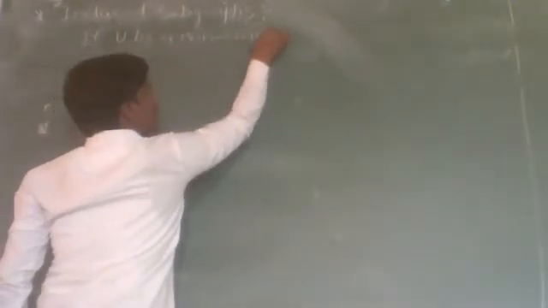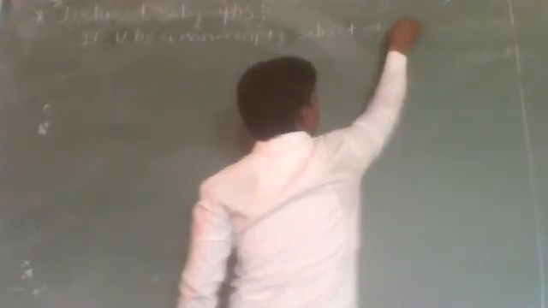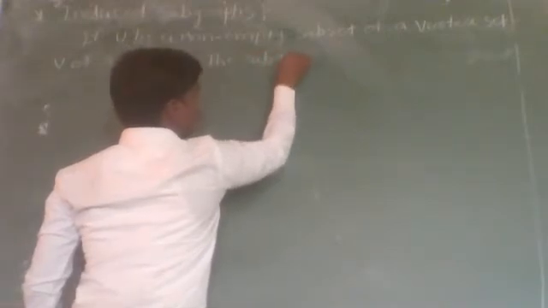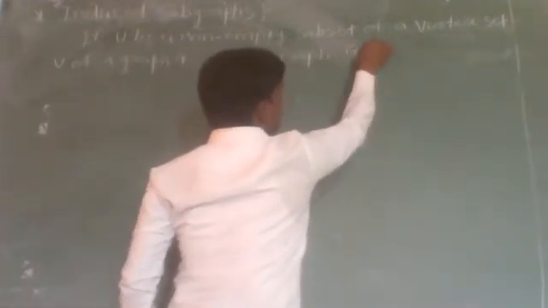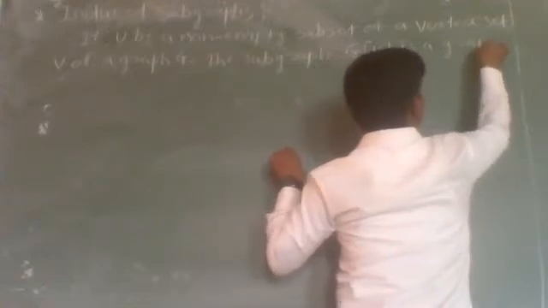If U be a non-empty subset of the vertex set V of a graph G, then the subgraph G over U is the graph induced by vertex set U.